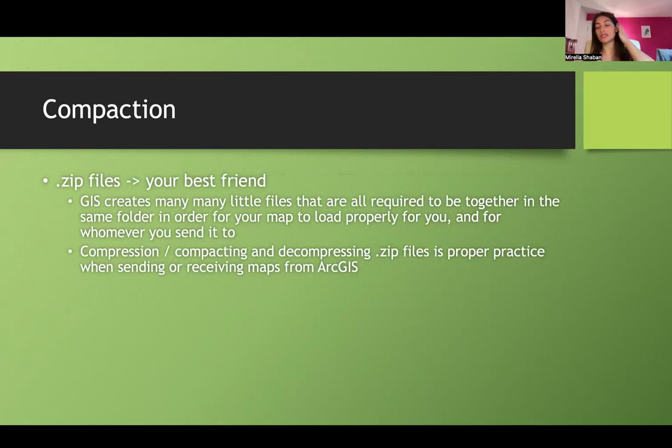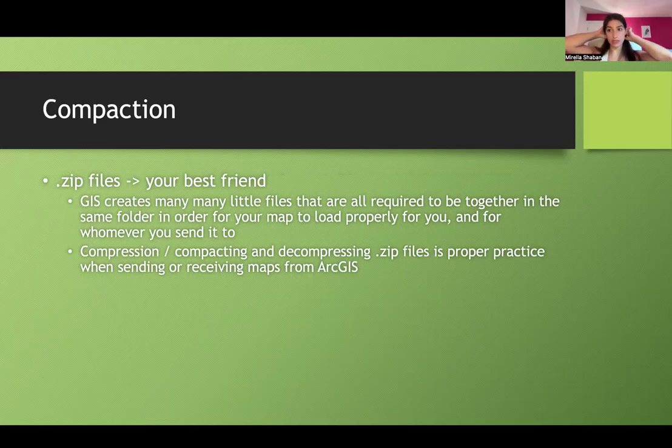I mentioned this in some of your slides earlier on before lecture 1, where if you save an APRX file outside of its parent folder, or if you delete certain folders or files outside of the home folder, when you send it over to somebody else, such as myself and your grader, when we open it and decompress it, we're going to see these red exclamation points next to certain data layers that say data link broken.